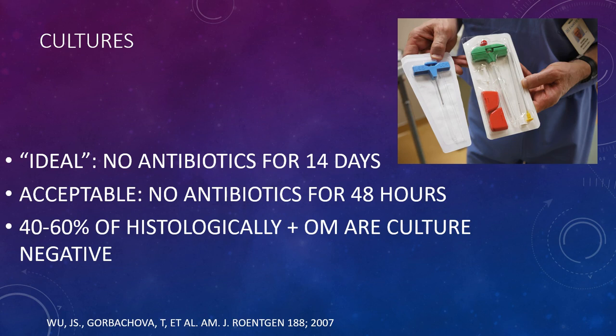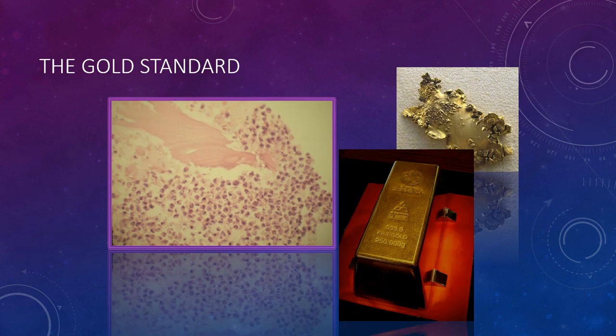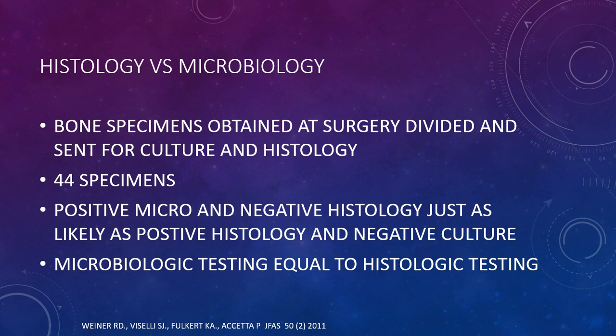We want to remember that during Eichenholz stage 1 and early stage 2, the histologic characteristics of the bone are that of an inflammatory response, and therefore that inflammation will be consistent with either a Charcot joint or a bone infection. We've always been told that bone for culture and bone for histology is, quote, the gold standard for discriminating osteomyelitis from Charcot's joint disease.